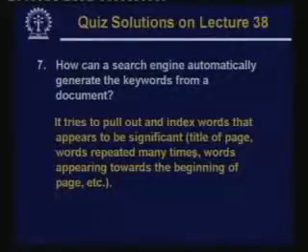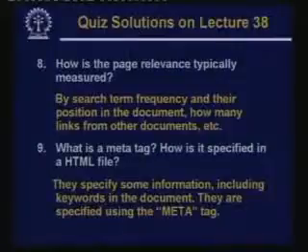Words repeated many times may be considered to be significant. Those appearing towards the beginning of the page may be more relevant as compared to those appearing towards the end. So, these are some heuristics you can use to automatically extract some useful information about a document, without seeing it in front of you.